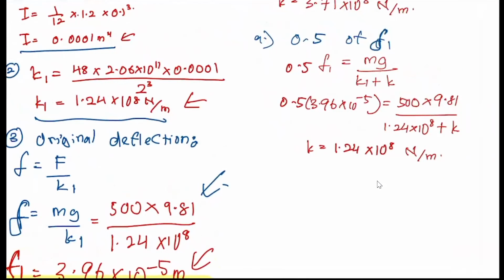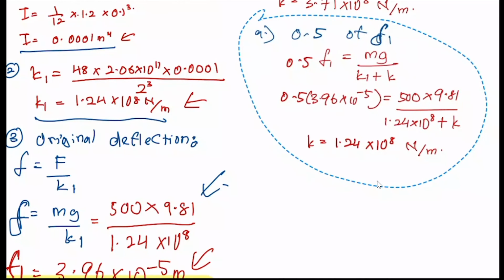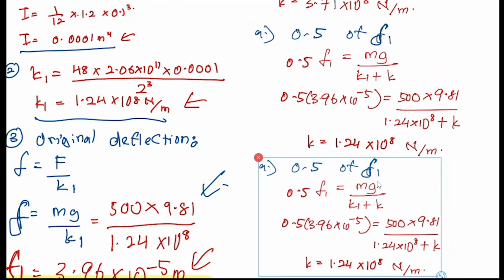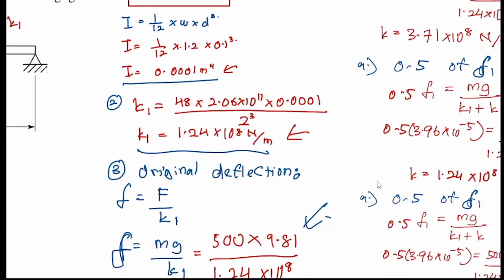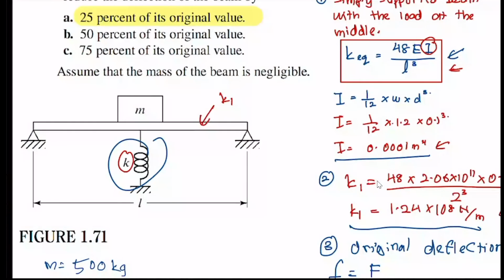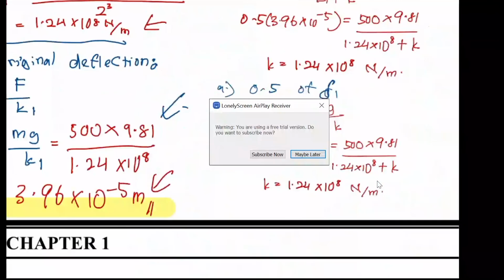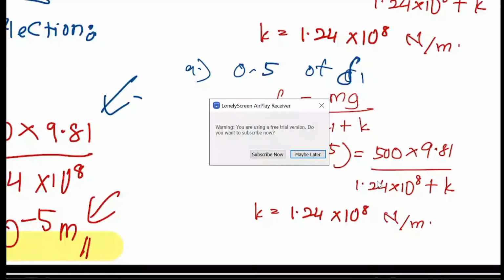Again, do the same thing for C. Now for C, the question wants you to find 75% of its original value. So just change from 0.5 to 0.75.